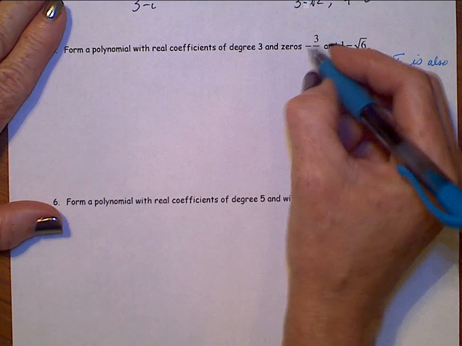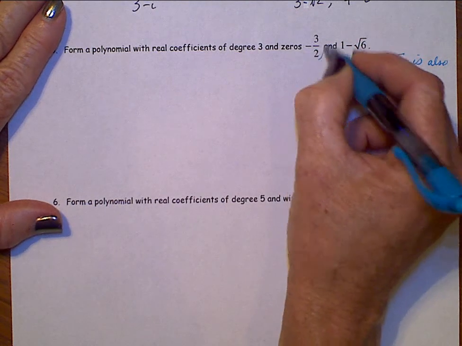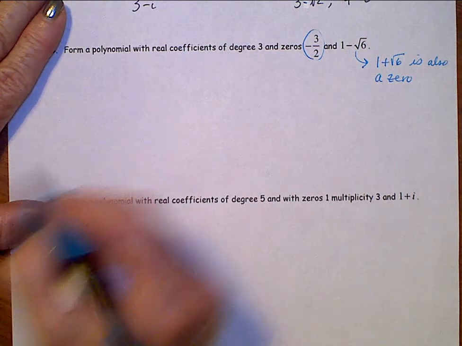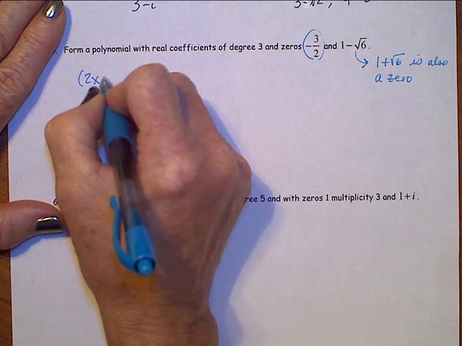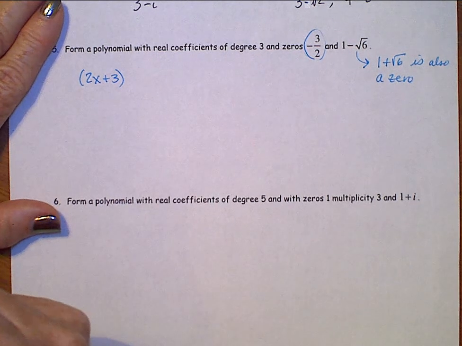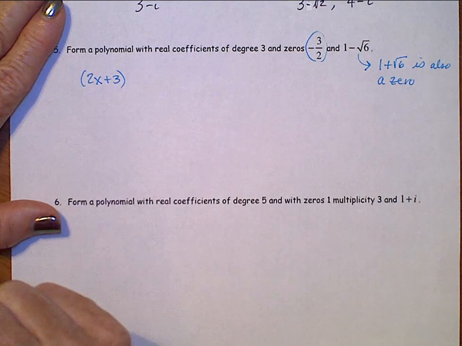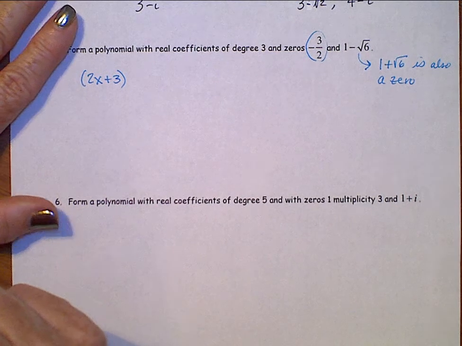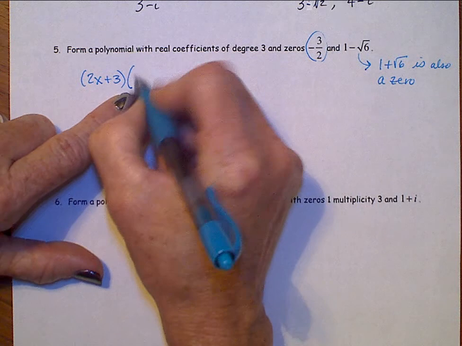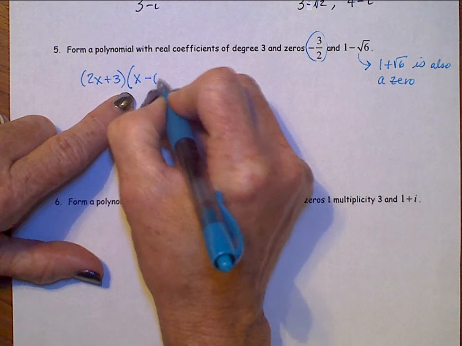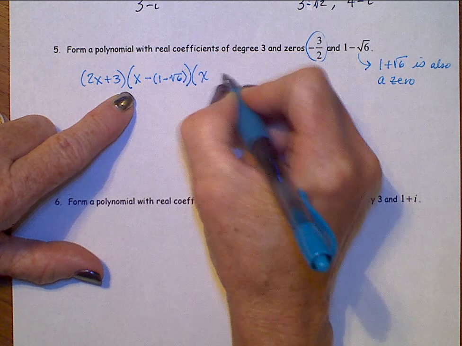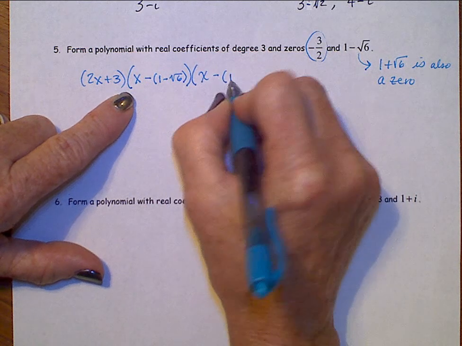Okay, what's the factor that produced that 0? That produces a negative 3 halves? That's 2x plus a 3. You don't want to use x plus 3 halves. Use 2x plus 3. It's going to be much nicer to deal with. All right, then for these two zeros, we could say x minus that 1 minus square root 6, and x minus the 1 plus square root 6.